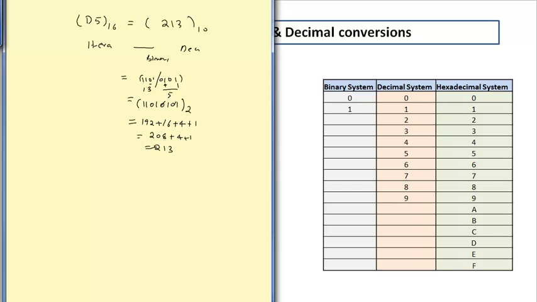Okay, now let's take one last big example so that you can have an understanding. So I'm going to take 1056 of decimal into hexa. So again, decimal into hexa, division. So I'm going to take this 1056 and start dividing it by 16.